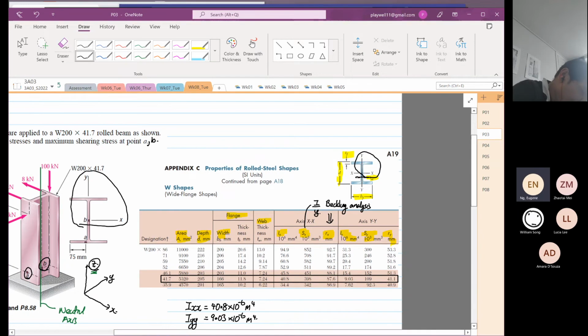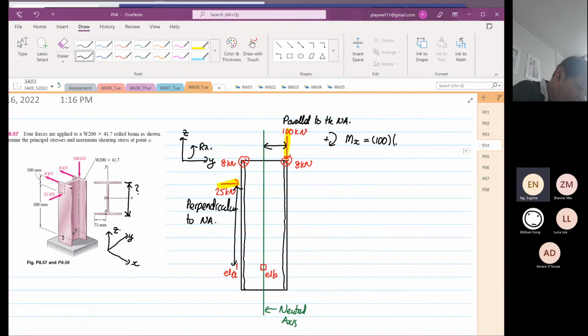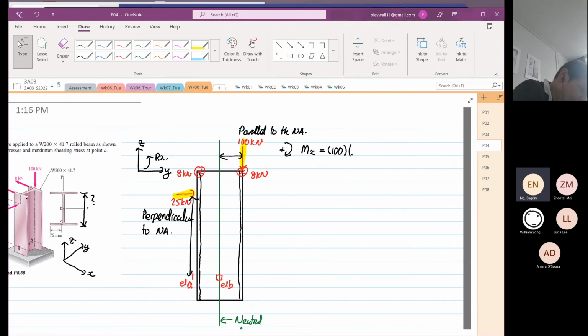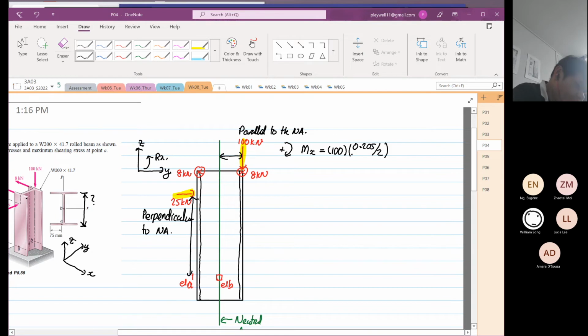You can see that this is 205. So over here, you just put 0.205 divided by 2, because the whole thing is 0.205 divided by 2.